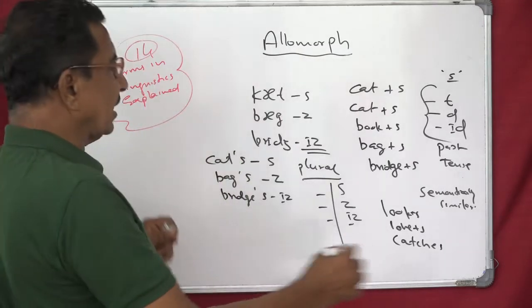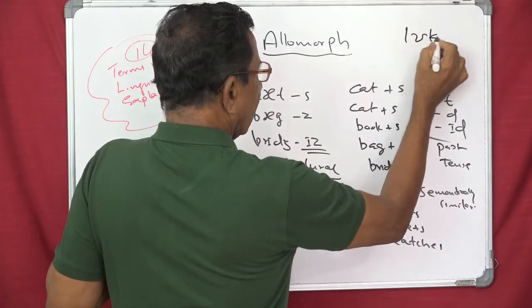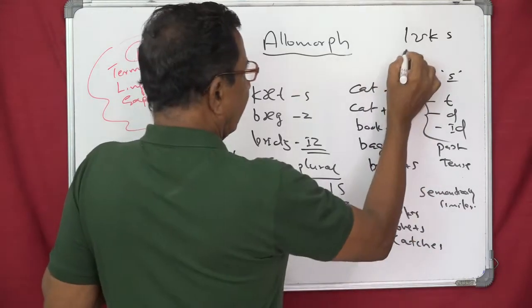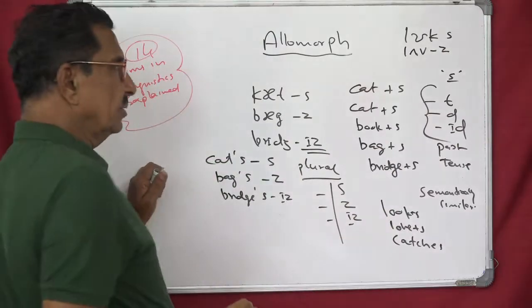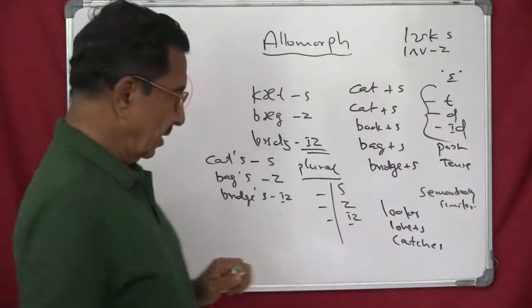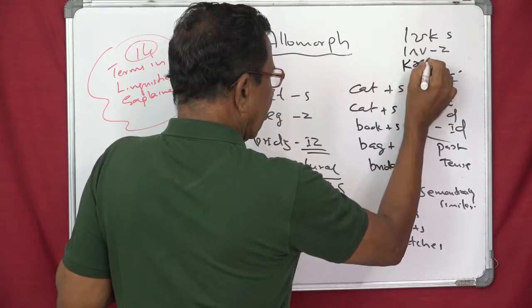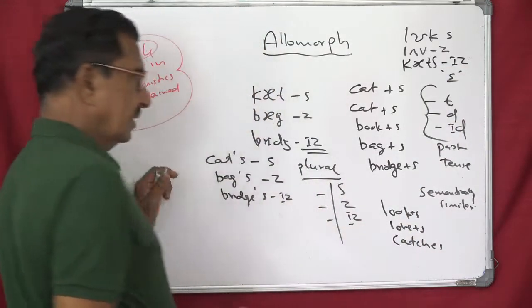Now they are realized like this. Looks: look, S. The next one is love. Love is a loves. Loves. And next is catches. Catch is catches.